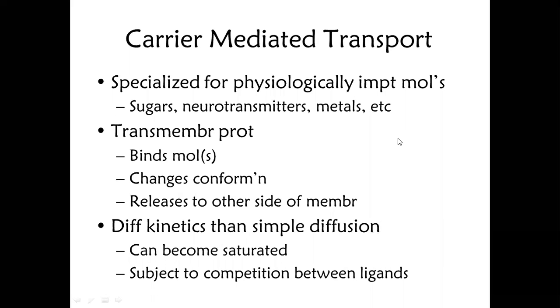The next is carrier mediated transport. So carrier mediated transport is one of the specialized transports by which the drug is transported inside our cell membrane. So first we will see the transport types. Again we are discussing here passive transport and active transport.